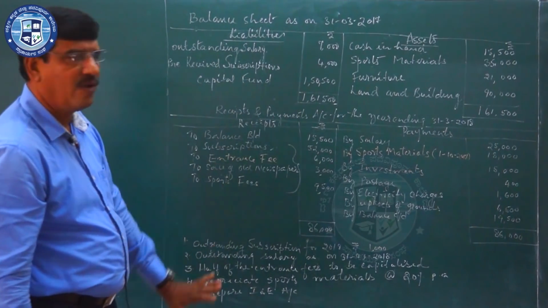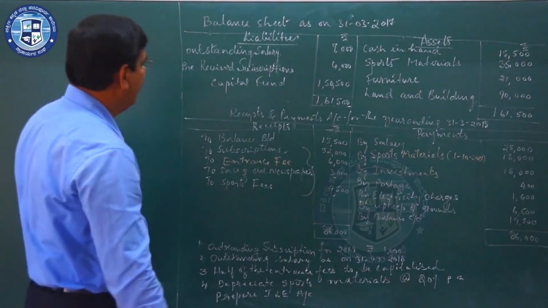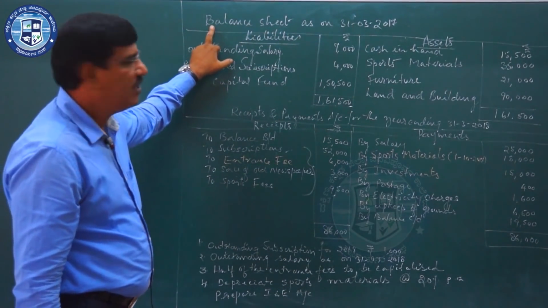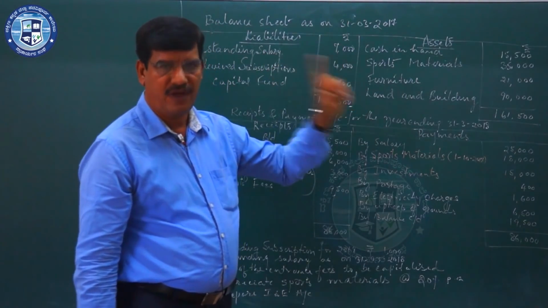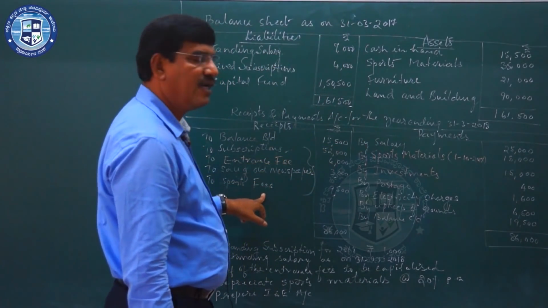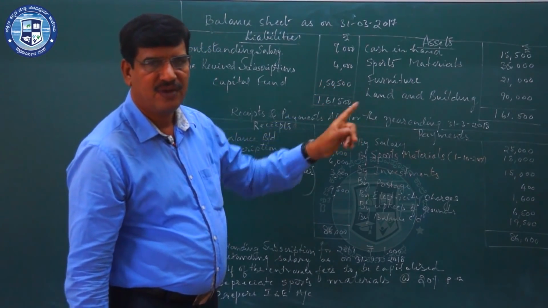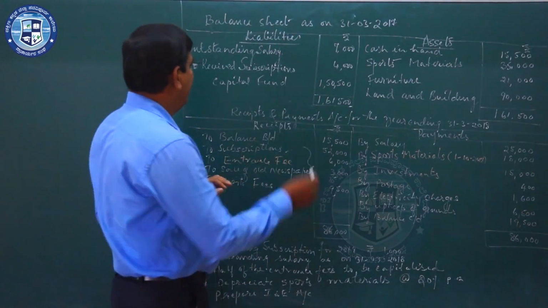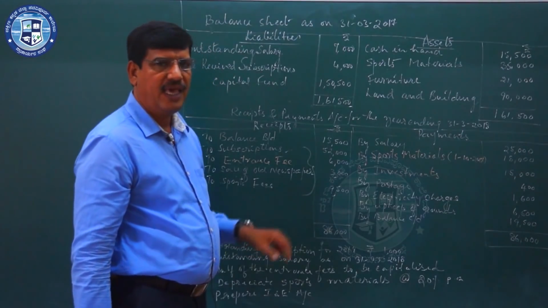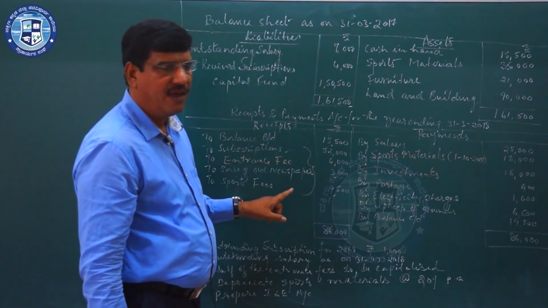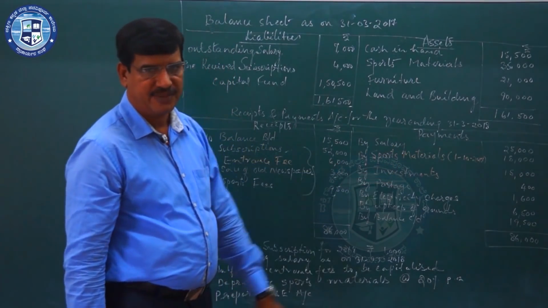Before working out this problem, you have to understand and remember a particular point. Whatever items appear in the opening balance sheet, they appear only once, either in the receipts and payments account, or in the income and expenditure account, or in the balance sheet. The items which appear in the receipts and payments account appear either in the income and expenditure account or in the balance sheet.